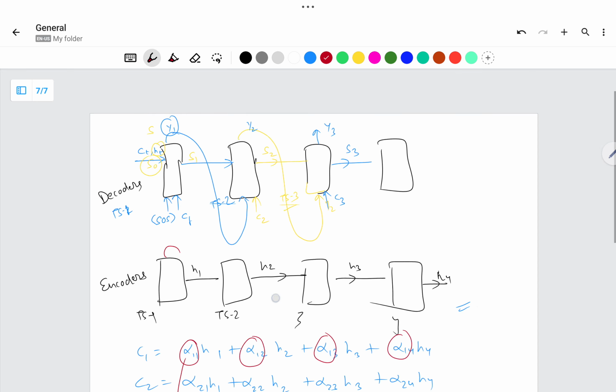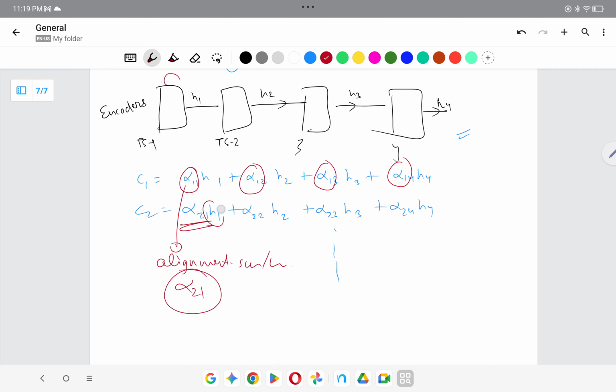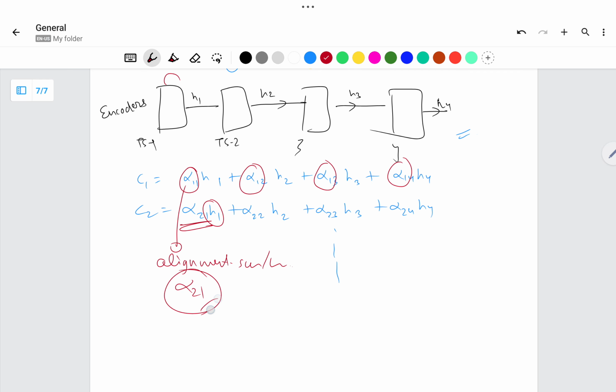Okay, how much this y2 vector, which is produced by the decoder block in time step 2, would depend on this h1. It is decided by this alignment or similarity score.